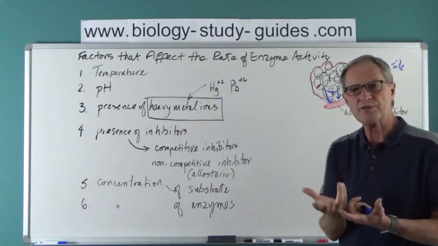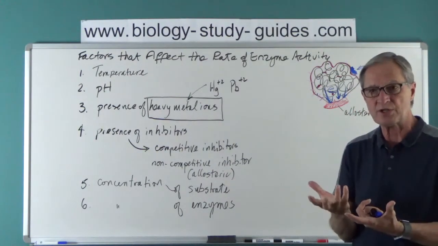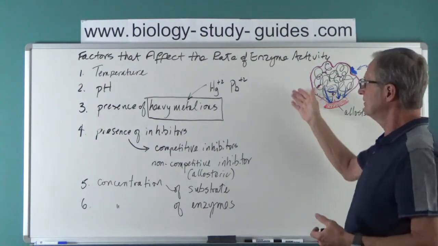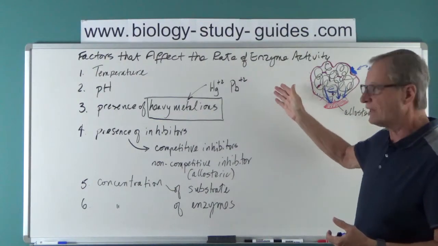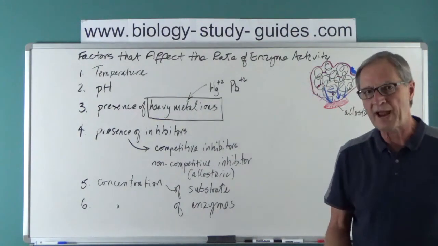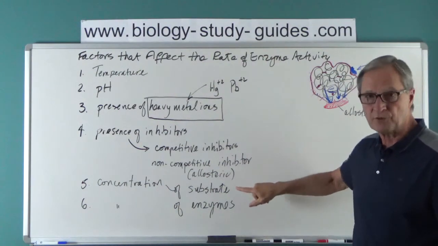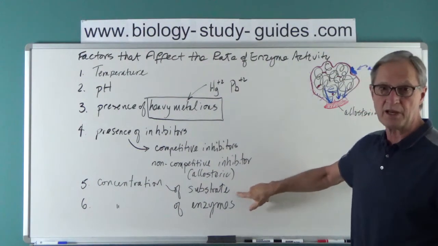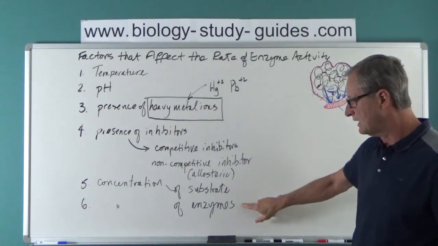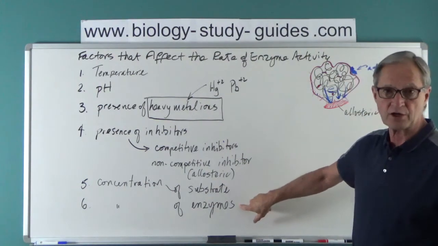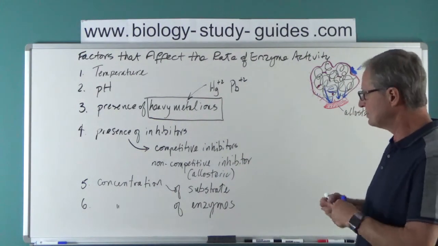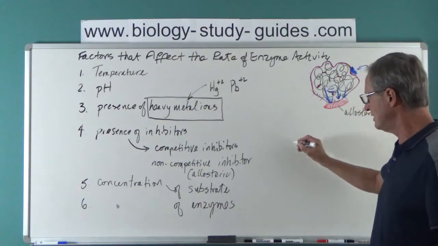If you've got a system, and it's an enzymatic system, and it's supposed to have some reaction occurring in it, the rate of that reaction is going to be somewhat dependent on how much substrate is available. If there isn't any substrate, there's not going to be any reaction. If there aren't any enzymes, there's not going to be any reaction. So you get this kind of a situation here.